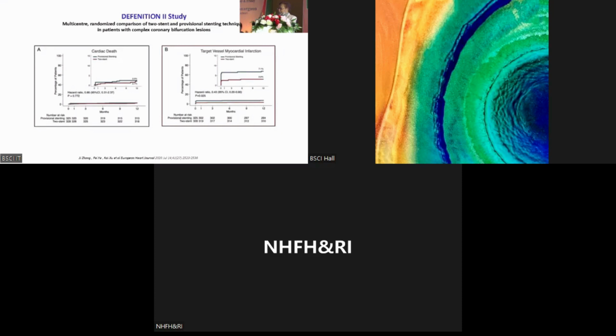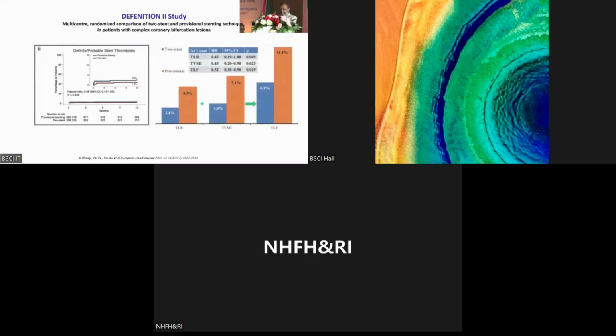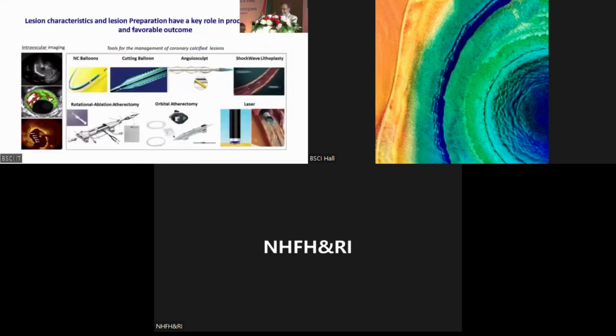And the DEFINITION II study, they have already shown you. In one sentence, on this last slide, you see target lesion revascularization, target vessel myocardial infarction, target lesion failure, all in favor of double stent strategy, provided it is a complex lesion.